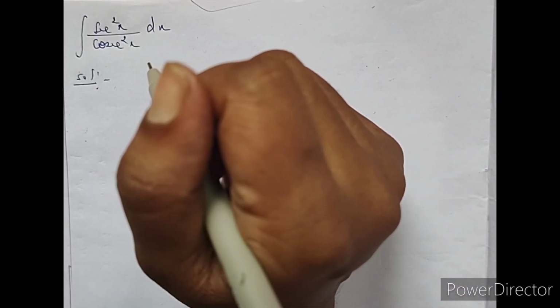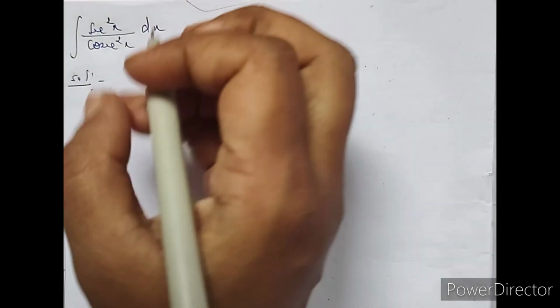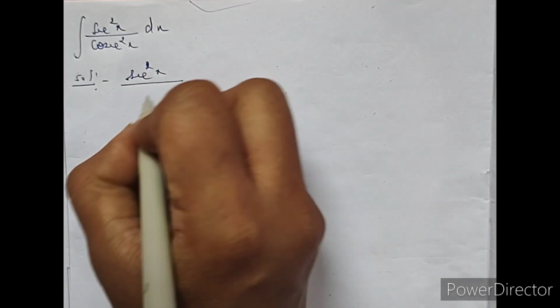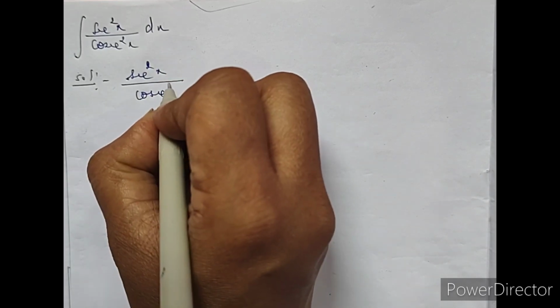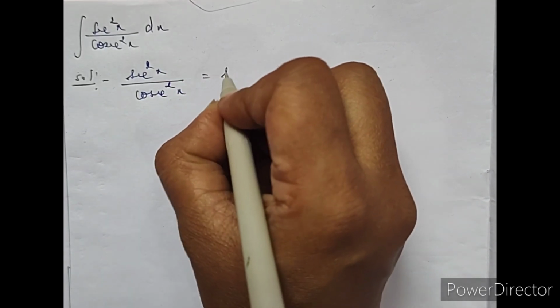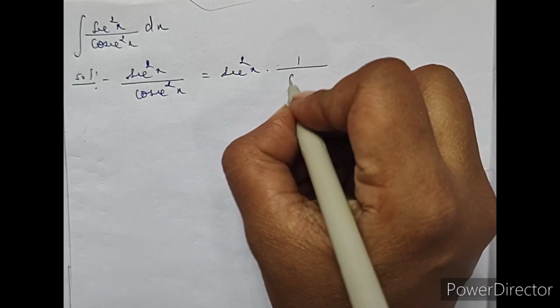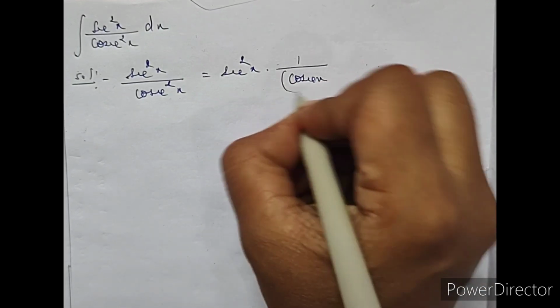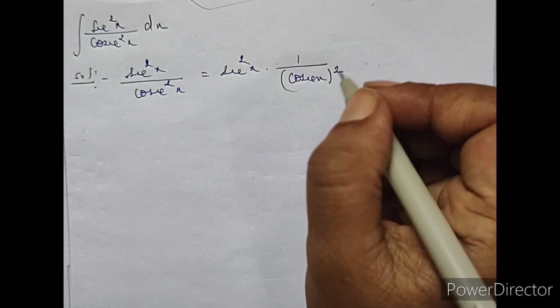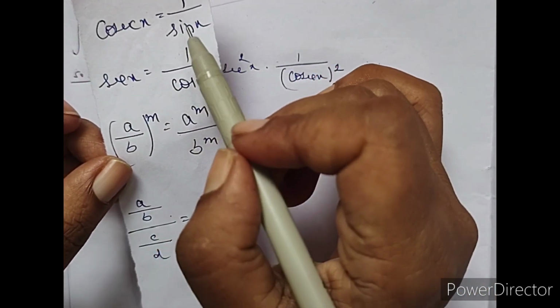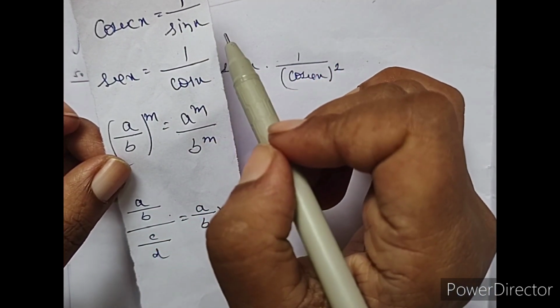Integrate secant square x divided by cosecant square x dx. To integrate this, first we shall simplify secant square x divided by cosecant square x. So this can be written as secant square x into 1 divided by cosecant x the whole square. But we know that cosecant x is nothing but 1 divided by sin x.